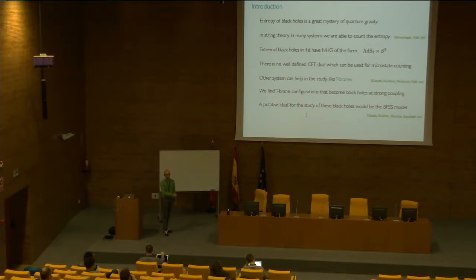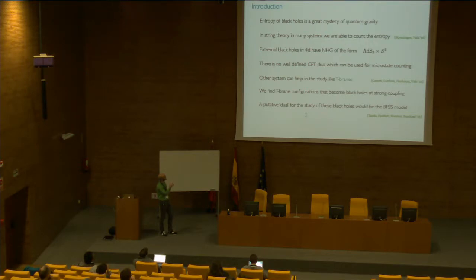So we don't have actually a well-defined holography for AdS2. This would be a sort of quantum mechanical system with some sort of conformal theory, if you believe in general in this. And you don't have it in general for microstate counting. So this system is a little less understood.